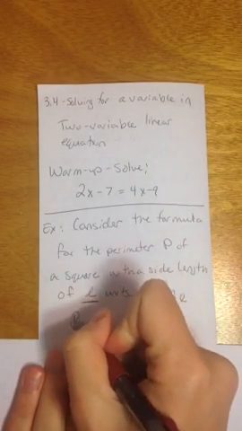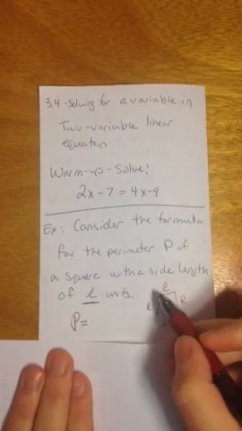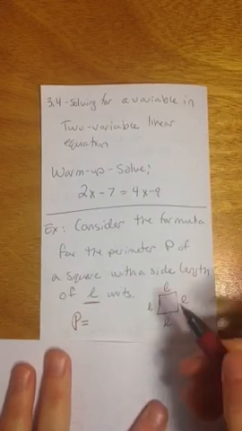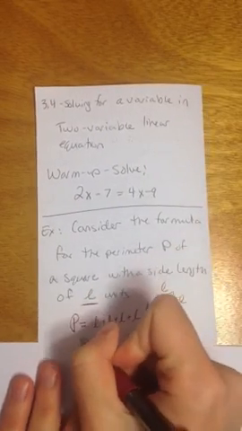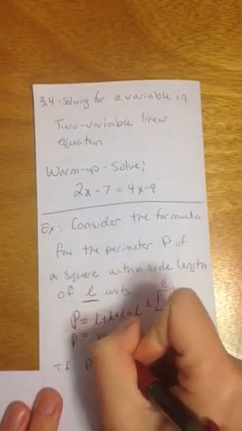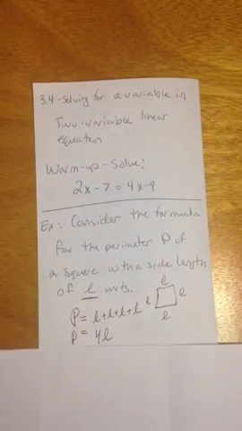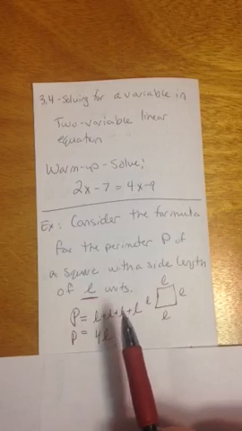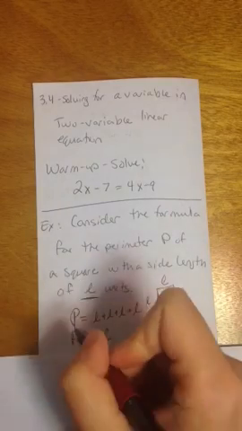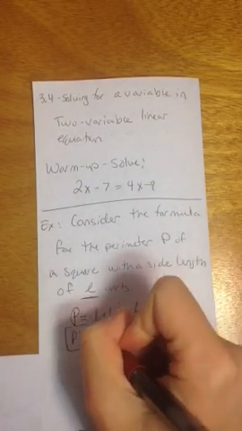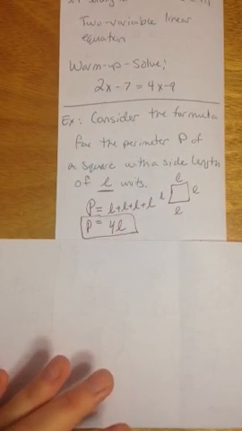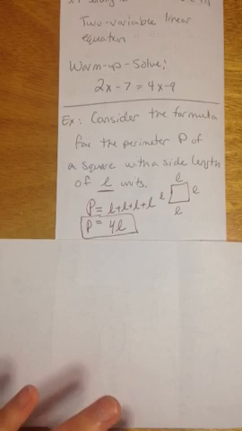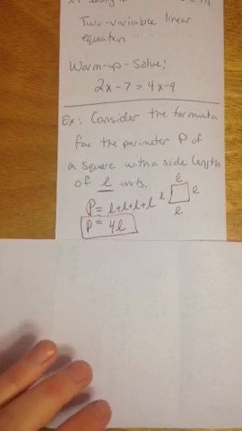So I know my perimeter equals L plus L plus L plus L, which is equal to P equals 4L, because I have 1, 2, 3, 4 L's. So this is the perimeter equation for a square with side length L. Sometimes you see it as 4S, side length S.